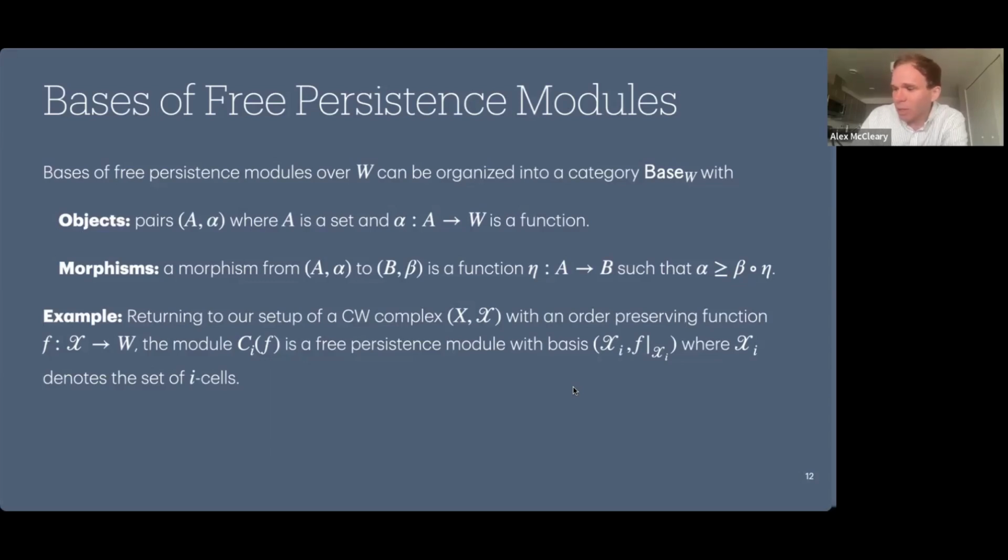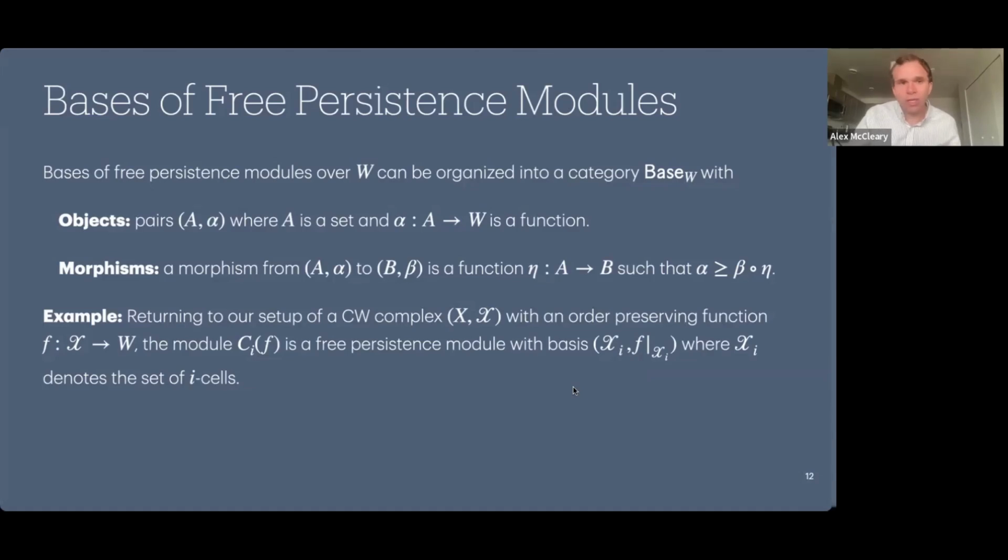And the basis for it is just going to be the set of i-chains together with the function F restricted to the set of i-chains. Ignoring where things happen and just looking at the set of i-chains, a basis for the ith chain space is just the set of i-chains.